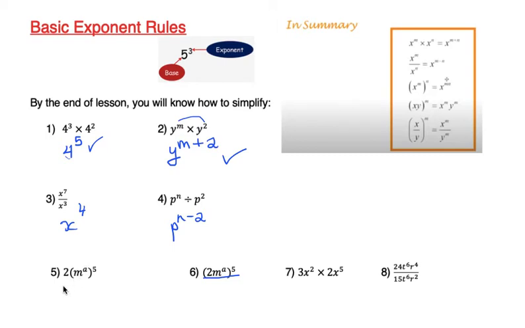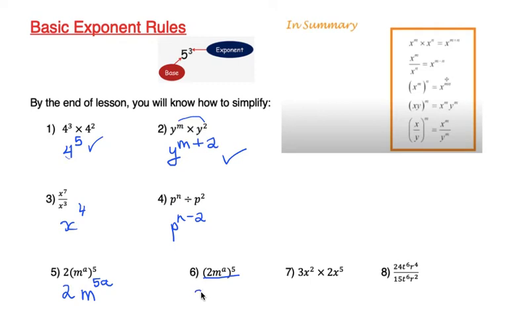Okay, so here our result is going to be 2, and then here we have our third rule of multiplication. So this is going to be 2m to the 5a, as opposed to here, where there is more than one term in the bracket.